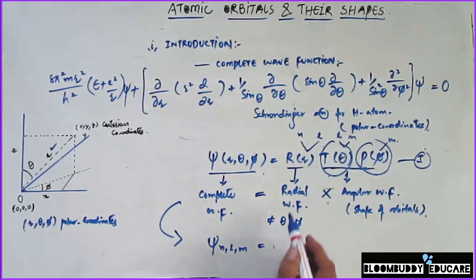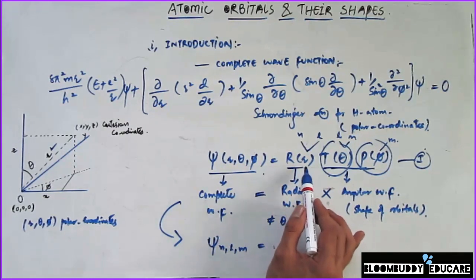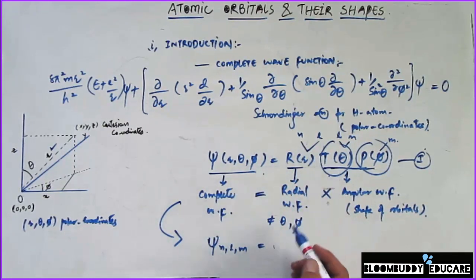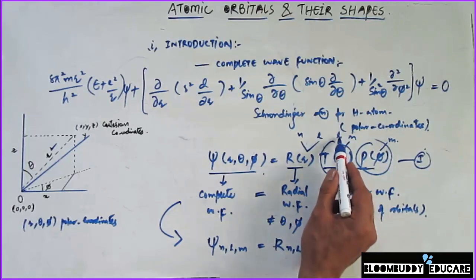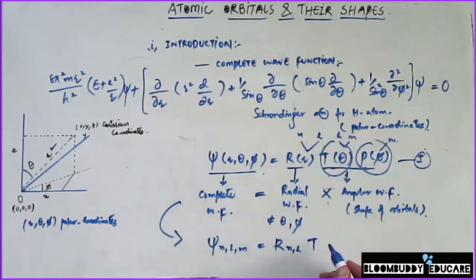And this equation becomes equal to, now since I said that R is dependent upon n and l, I can write R of n, l, the two quantum numbers, and then I'll write Theta. Theta is dependent upon the azimuthal quantum number and the magnetic quantum number, so I will write two of them, that is l, m, and Phi is dependent upon the magnetic quantum number, so I will write Phi of m.